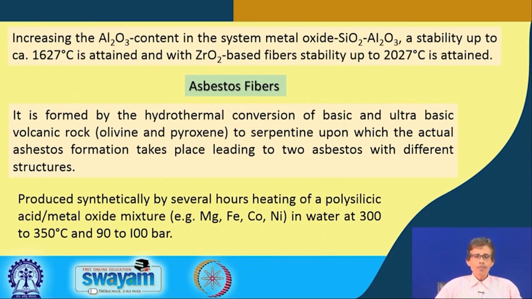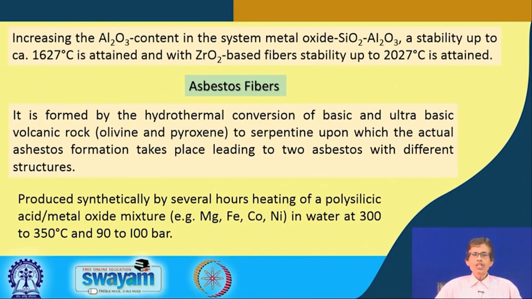These magnesium to nickel oxides can be put in water, not at a very high temperature but only 300 to 350 degrees centigrade, with some pressure. Hydro means in water medium, and thermal means the temperature, at some high pressure also, because under the earth crust close to the earth mantle we can have a very high pressure situation.